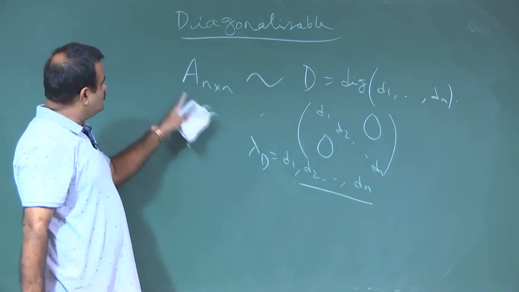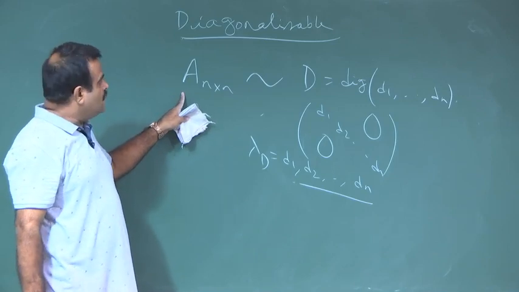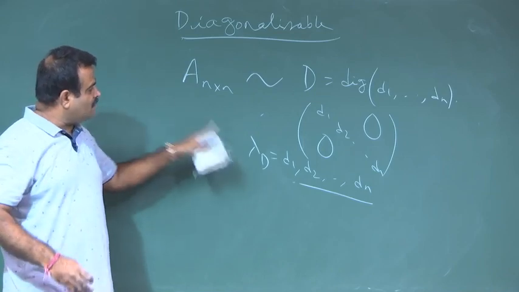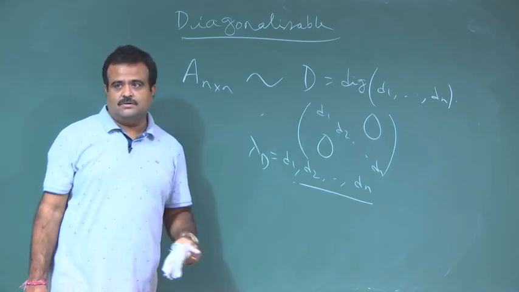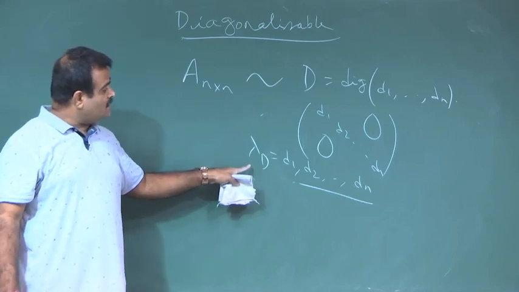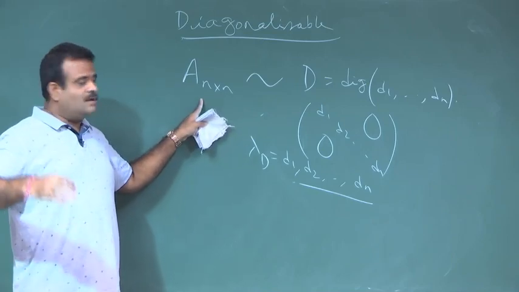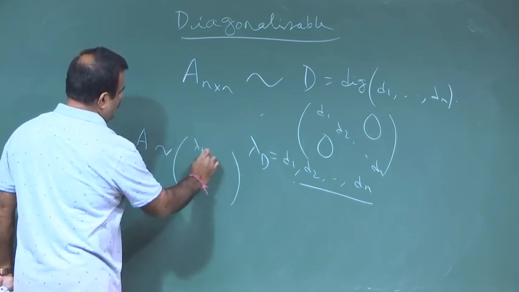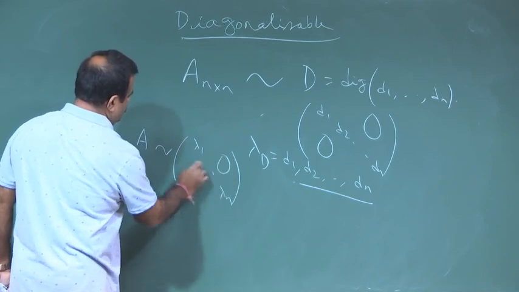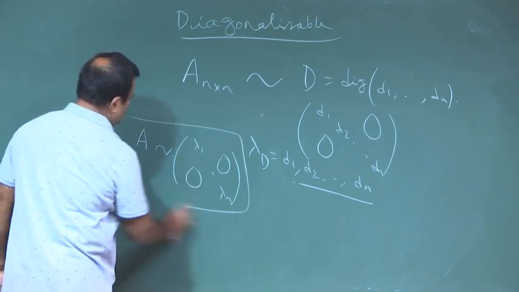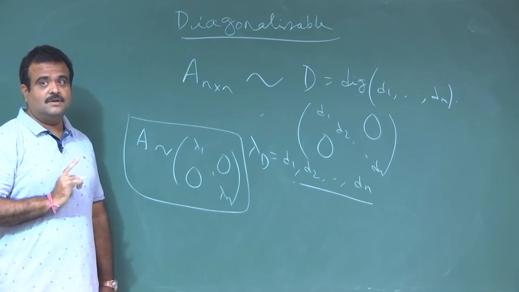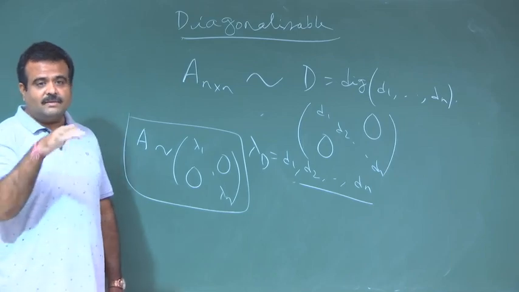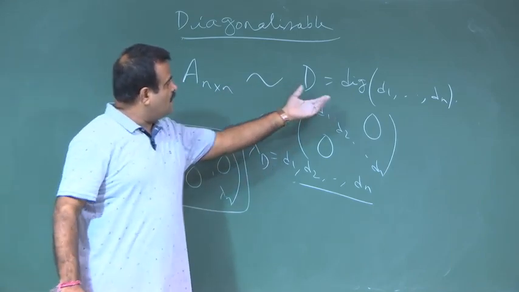So they are basically the eigenvalues of A. Because D and A have the same eigenvalues, as we saw in the last class, A is diagonalizable to a matrix where the eigenvalues are on the diagonal.